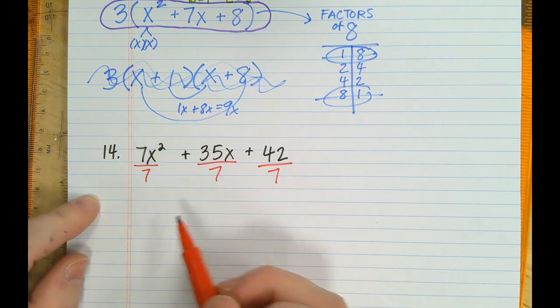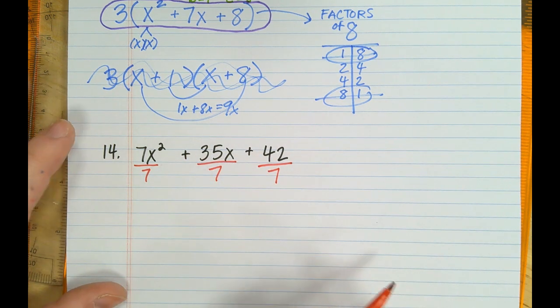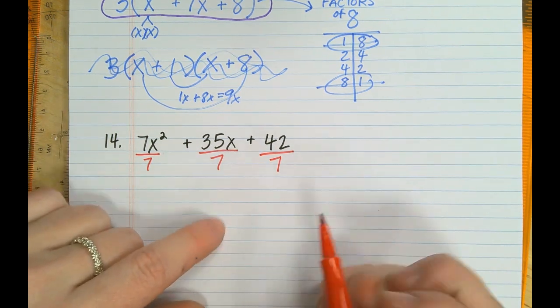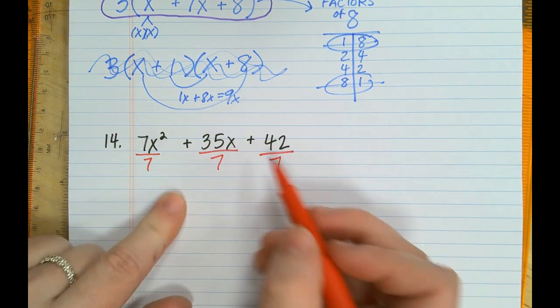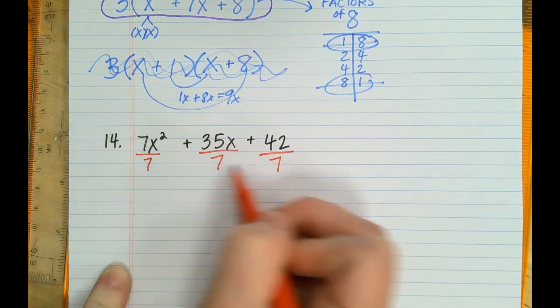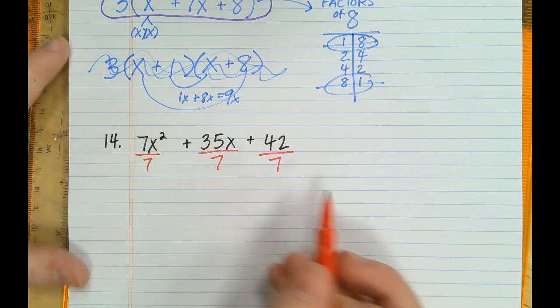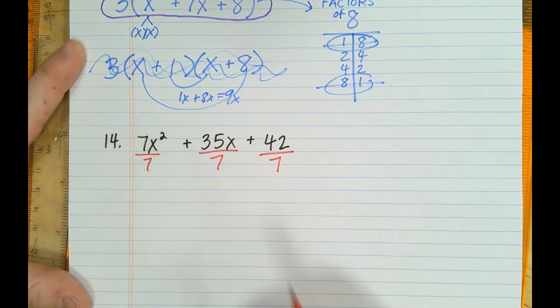I'll just go ahead and finish the work out on this. Our greatest common factor here was 7. So what do I do next?